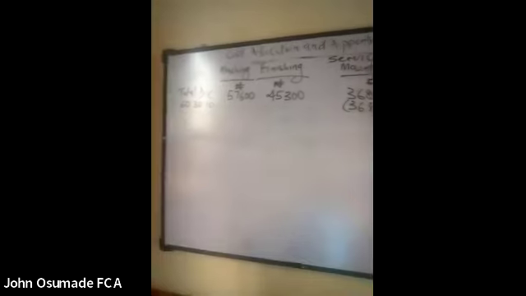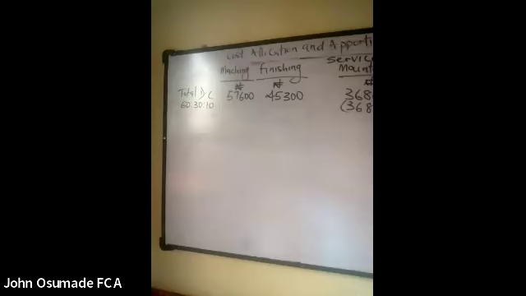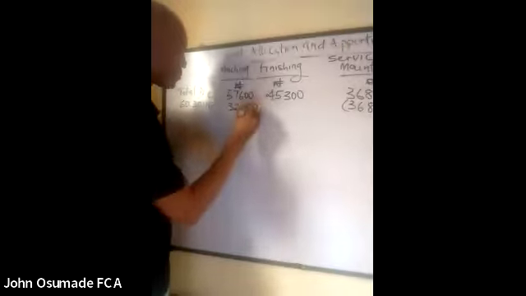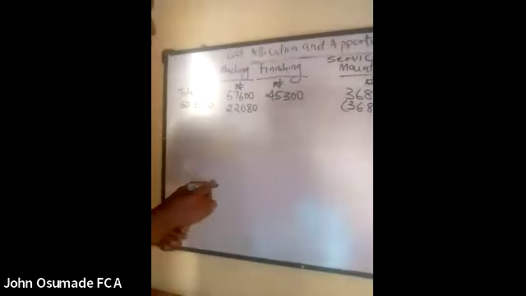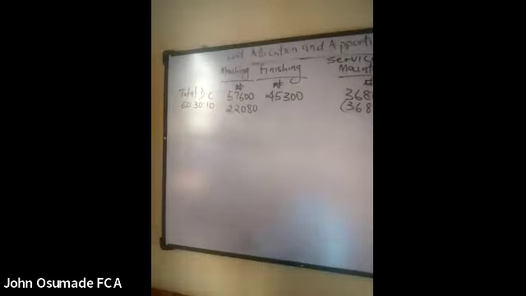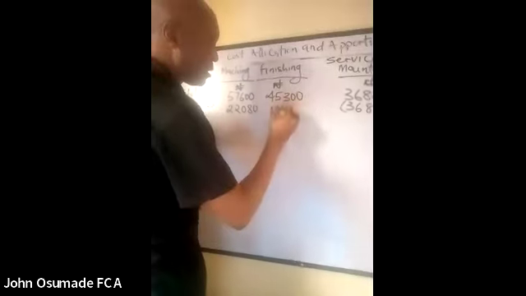Then 60% of 36,800 gives 22,080 naira. The balance should go to finishing, which is 30% of this figure, 11,040 naira.